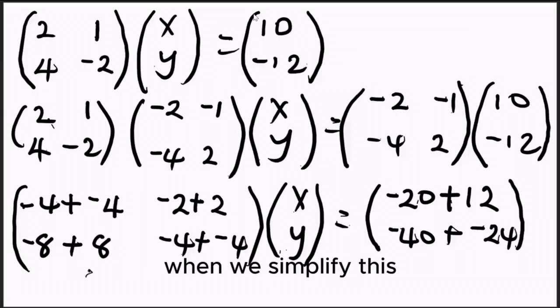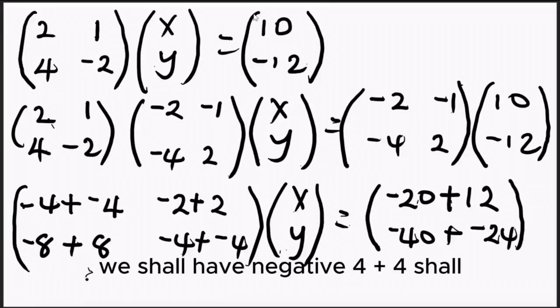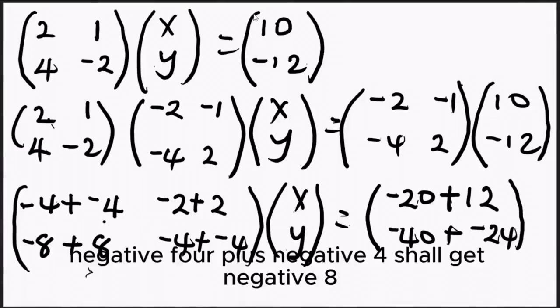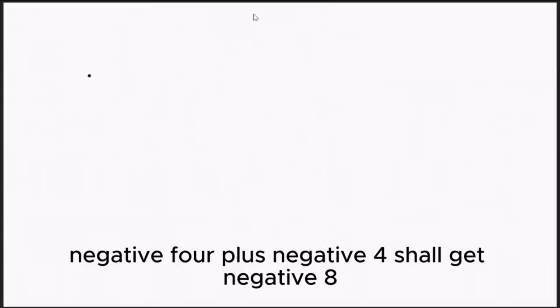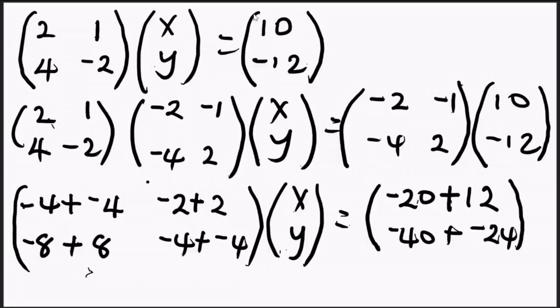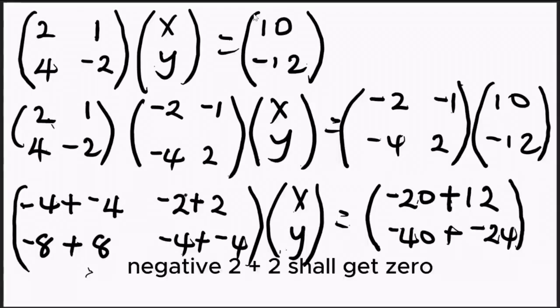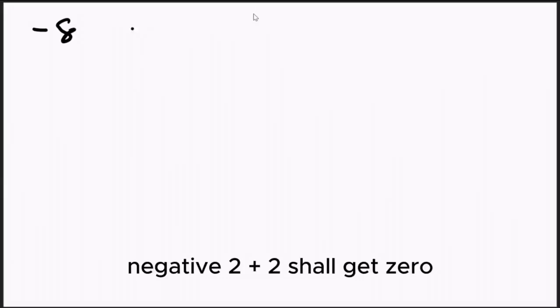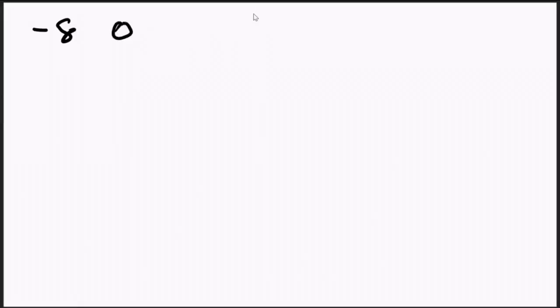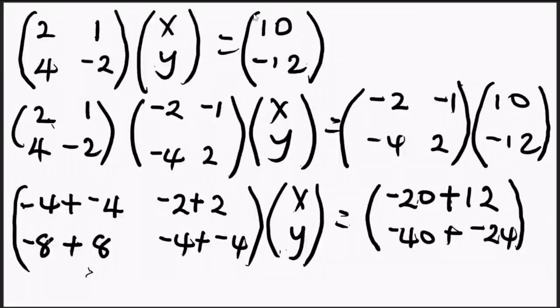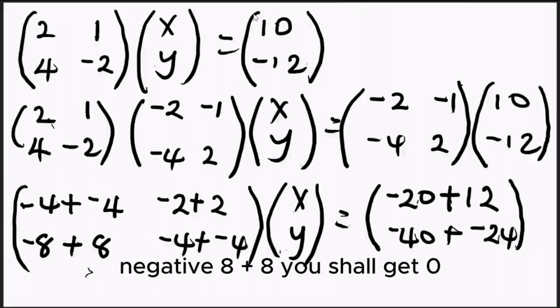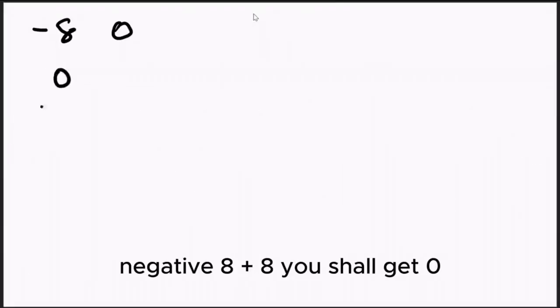When we simplify this, negative 4 plus negative 4 we get negative 8. Negative 2 plus 2 we get 0. Negative 8 plus 8, we get 0.